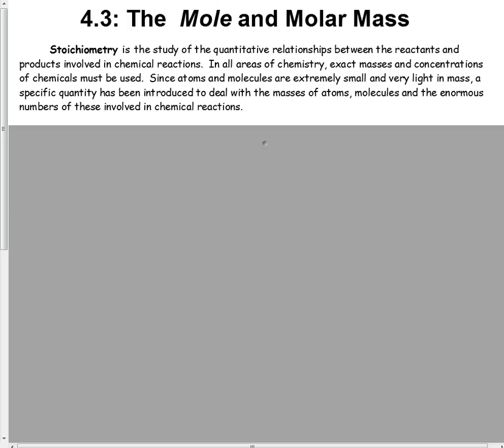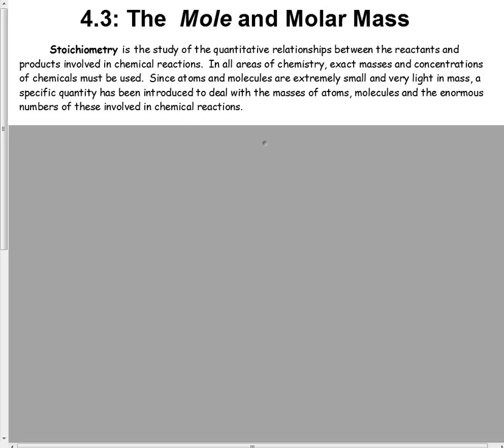So just recall, stoichiometry is the study of quantitative relationships in chemical reactions. We have masses, reactants and products are being massed. We need exact masses, and we might be working with concentrations of solutions, or maybe a concentration of a gas, a pressure of a gas. We need to know these exact masses.